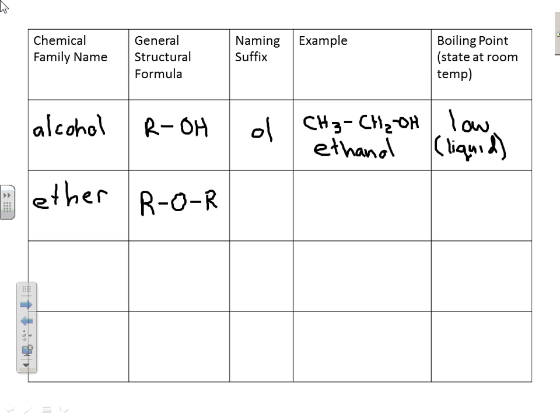And in terms of the suffix, there isn't really one that is used here. The naming system for ethers is a little complex. I'll give you the name of the example that I'm going to write down, but it's a tricky naming system, and I can't just put a simple suffix for it. So I can have CH3OCH3.